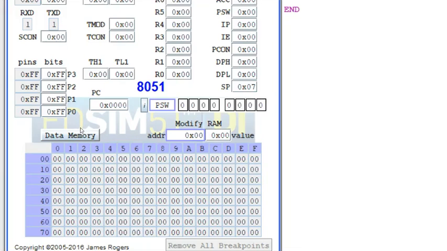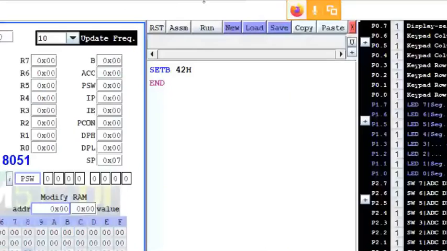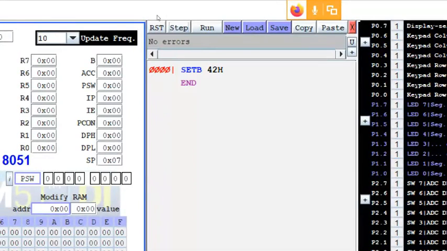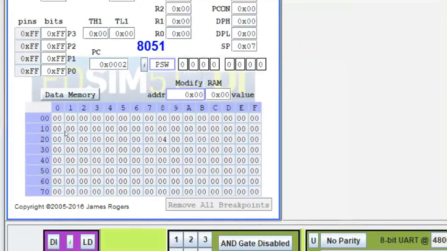Here is an 8-bit register. Out of these 8 bits, I am going to make one of the bits high by passing the command set bit 42. Let us check. Keep an eye on this particular location 28. Assemble, step. See here at the location 28 we got 04.